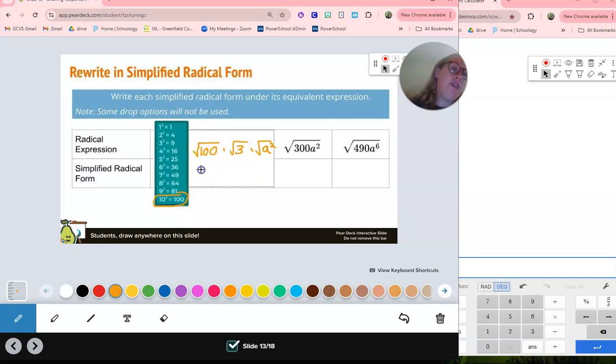The square root of 100 is 10, because 10 times 10 is 100. We leave the square root of 3 as is. And for the square root of a squared, because the power and root are the same, they cancel each other out, and we're just left with a. So we would write this as 10a times the square root of 3.